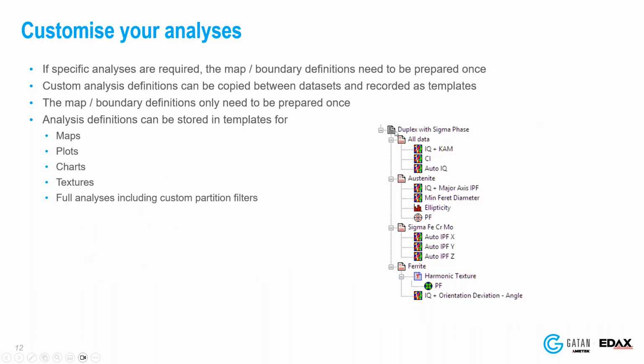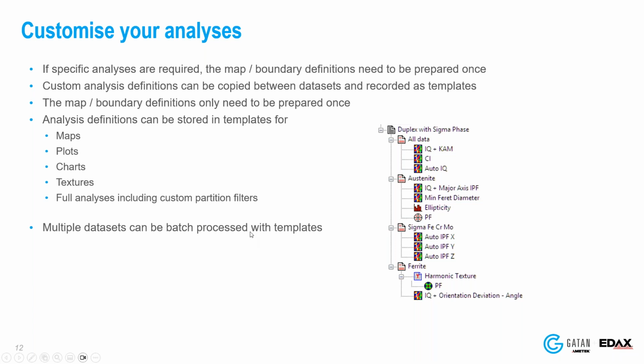So if I have a data set, I can have multiple partitions for all data, phase 1, phase 2, phase 3. Inside each of those, I can make the analysis I want to see for that. And I can save everything in one go in a template. And once I've done that, I can batch process the data.